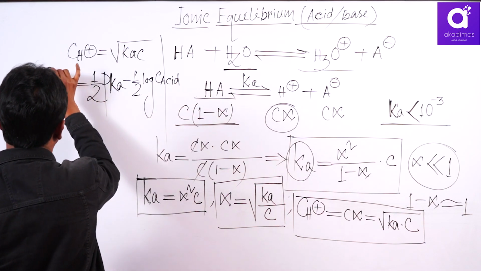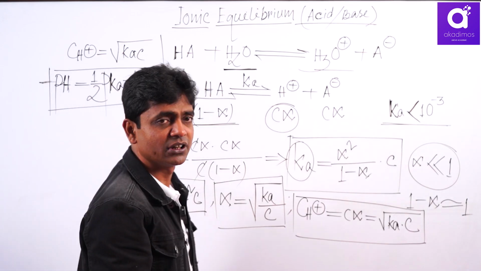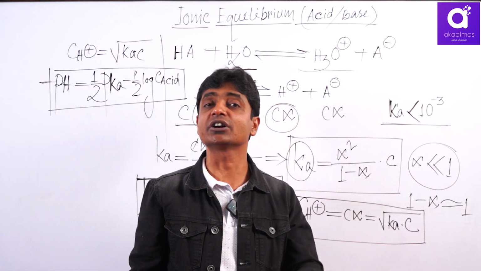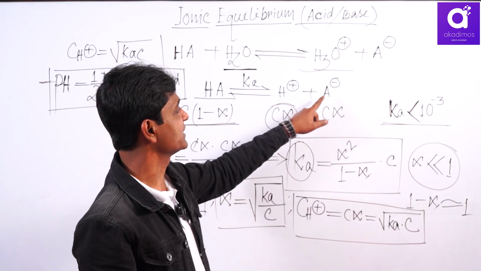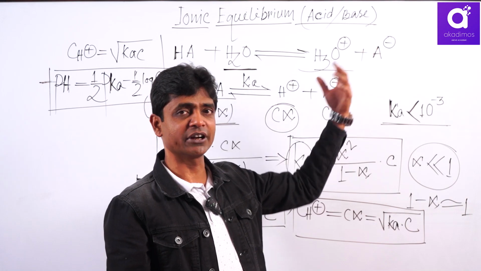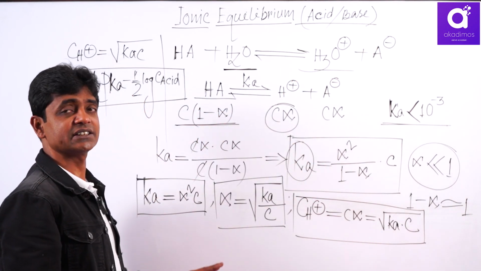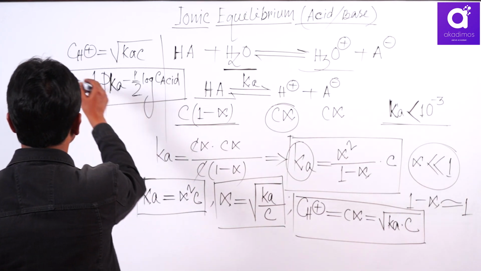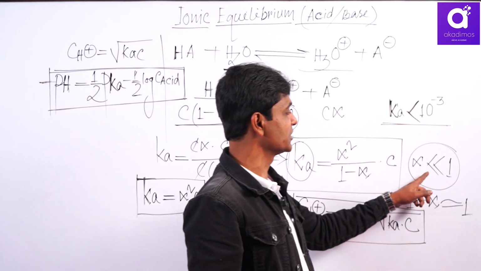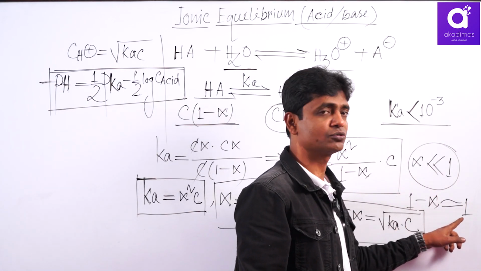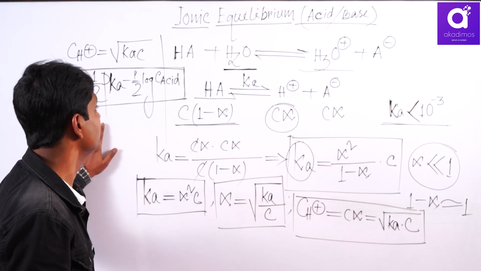So this is the formula by which you get the pH of a solution of pure weak acid in water. That means the concentrations of H plus and A minus are equal, with no additional A minus or H plus from outside. You get pH from this equation by considering alpha much less than 1, so 1 minus alpha equals 1, that is, by taking the approximation that alpha is negligible.